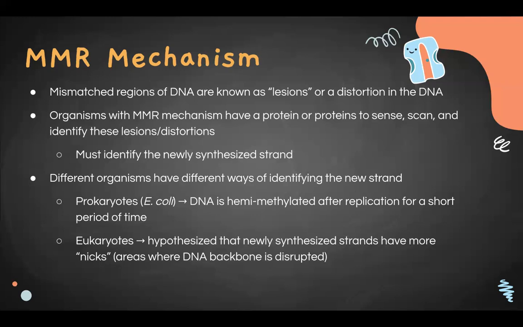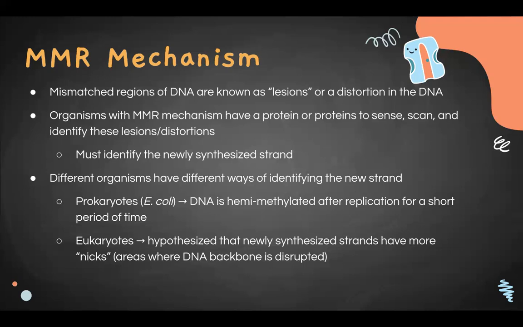And so when the newly synthesized strand is added to the parent's one, for a short period of time it won't contain these methyl groups. And so that's why it's called hemimethylated, the DNA, because it's only half methylated, only the parent strands have it.